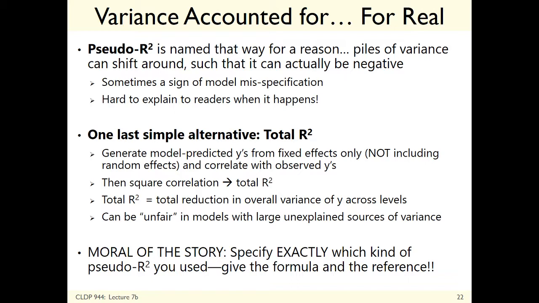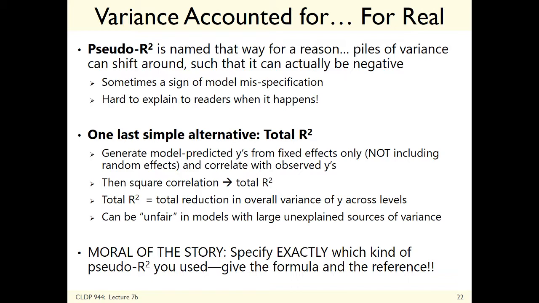You have your outcome. If you correlate the model predicted outcome with the real one, that's R, take that R and square it, that's R square. So it's a very intuitive way to describe just how much variance your model accounts for, putting it all back together again. So they're complementary ways of talking about effect size.